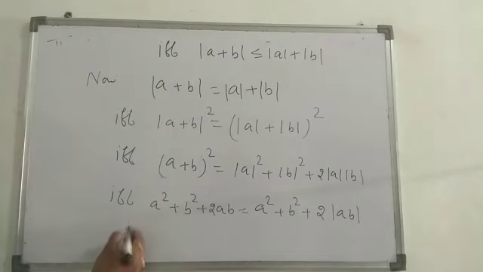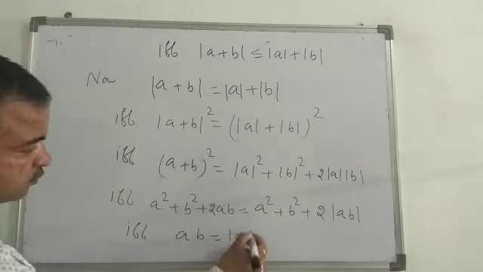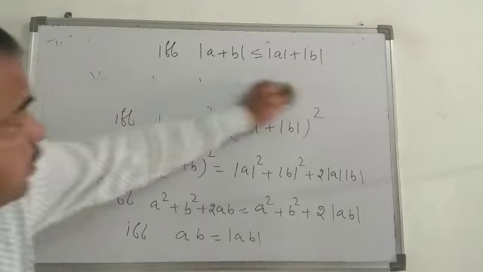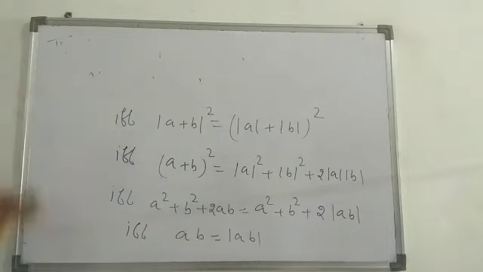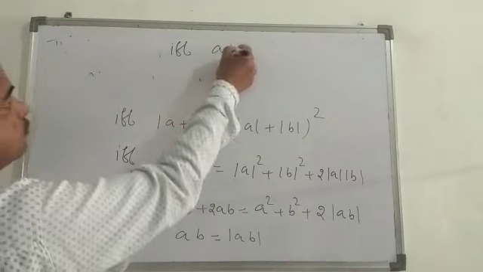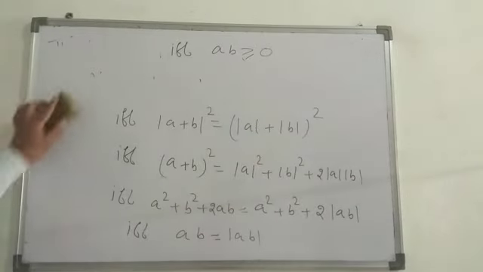So after cancelling a² and b² from both sides, if and only if ab is equal to |ab|. So by the definition of absolute value, |x| is x if and only if x is greater than or equal to 0. So if and only if ab is greater than or equal to 0. So this proves theorem 10.